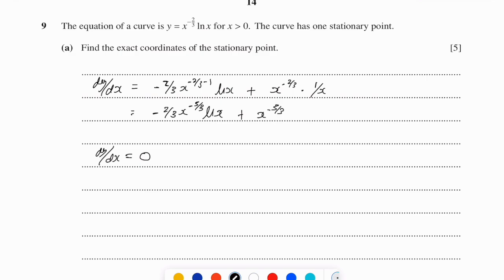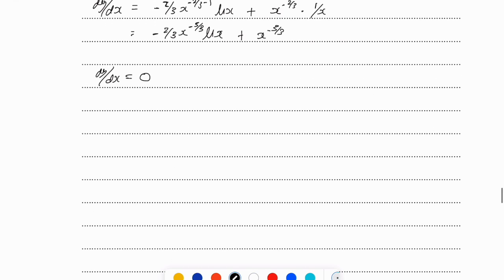Right? And if dy by dx equals 0, therefore negative 2 over 3 x to the negative 5 over 3 ln x plus x to the negative 5 over 3 is going to equal 0. Which means what? From here, it's just a case of solving the equation.